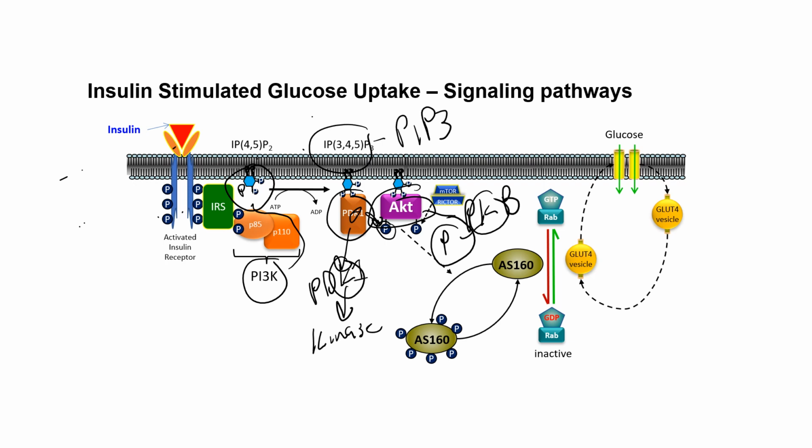So this is the big downstream effect of the insulin pathway, the actual activation of AKT, or protein kinase B, by PDK1. PDK1 phosphorylates AKT and activates AKT.